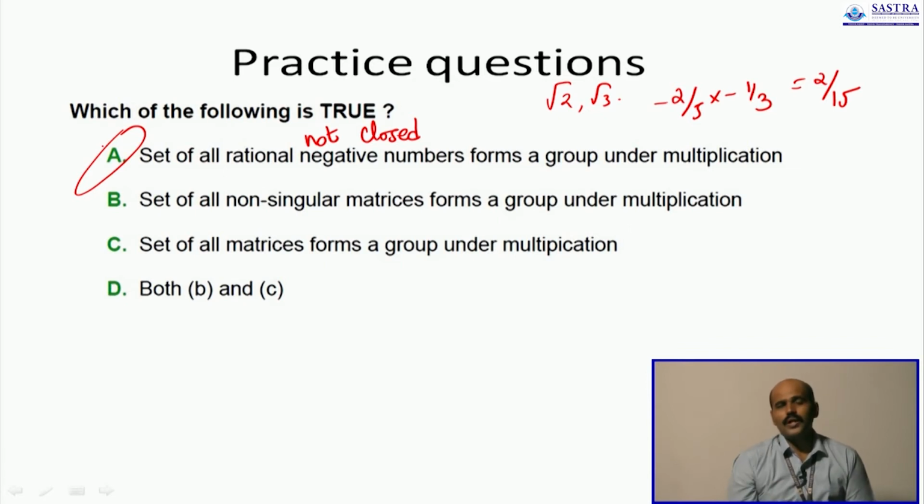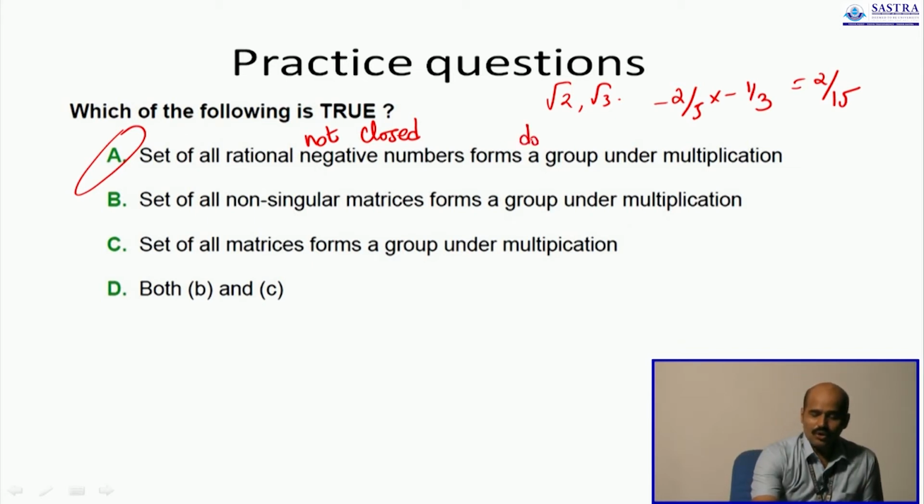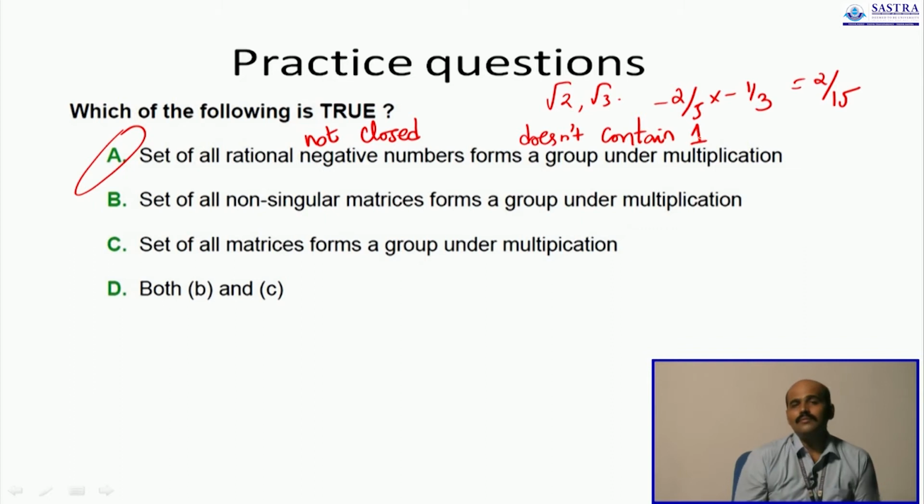And moreover, when you try and find the associative property, you will see that it satisfies, but the identity element which is plus 1 is not part. So this also does not contain within itself the multiplicative identity 1, that is absent, and that is one more reason why this set will not form a group.